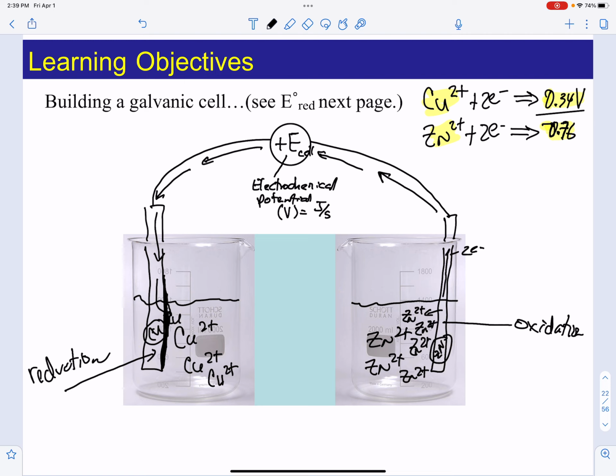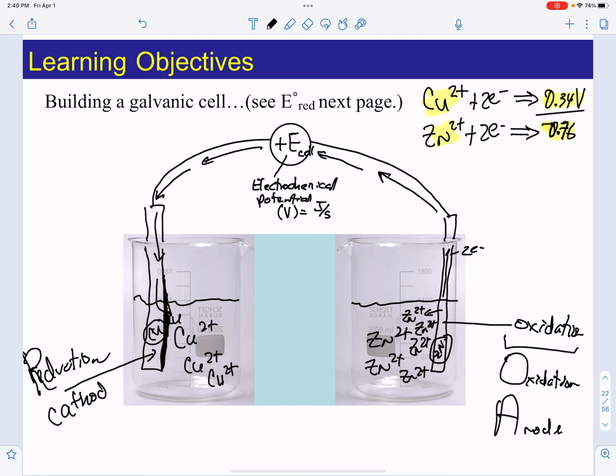They're becoming aqueous. So the place where the oxidation happens, we call that the anode. The place where the reduction happens, we call that the cathode.